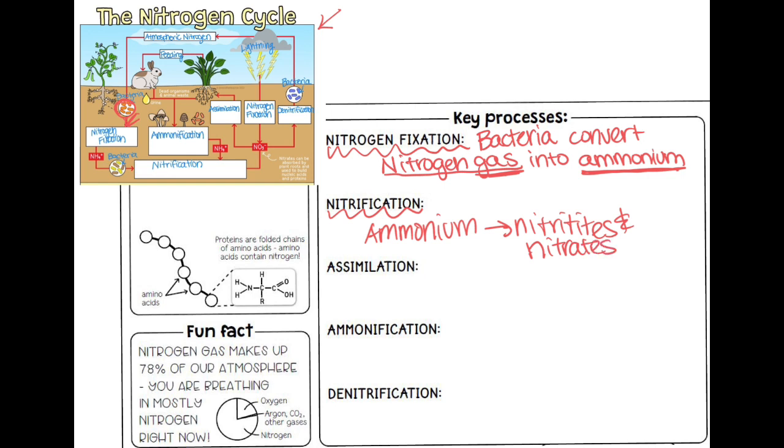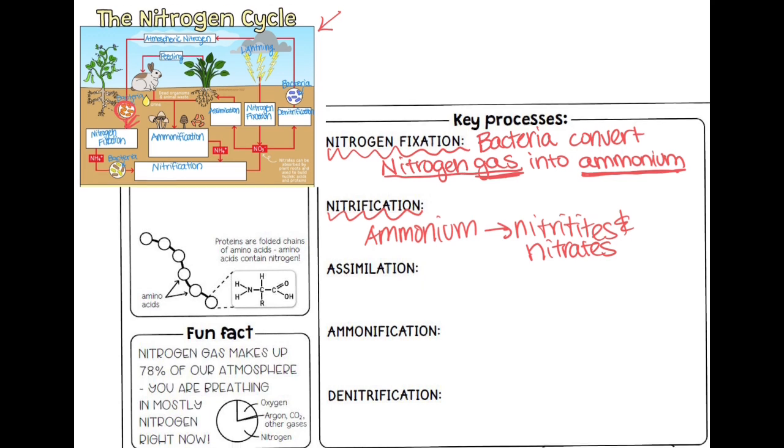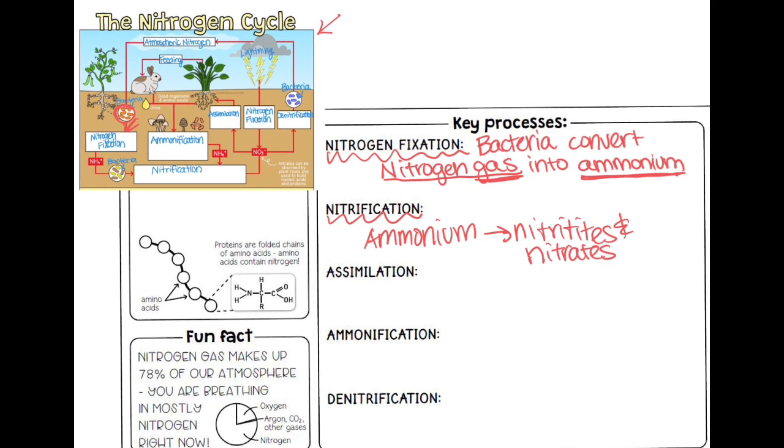So some organisms use the form of nitrogen in nitrites, and some use nitrates. Okay, so basically it's NO2 or NO3, depending on what organism it is. So this is nitrification. It turns it into a specific type of nitrogen that the organism is able to use.